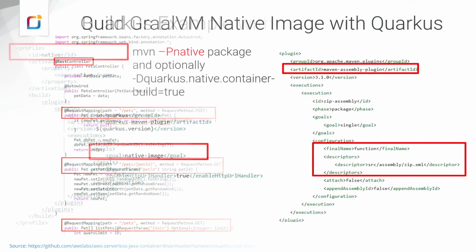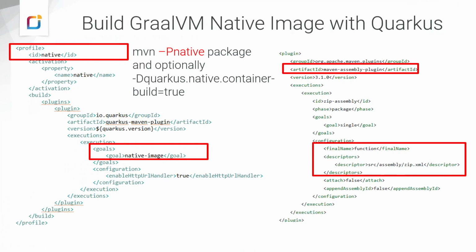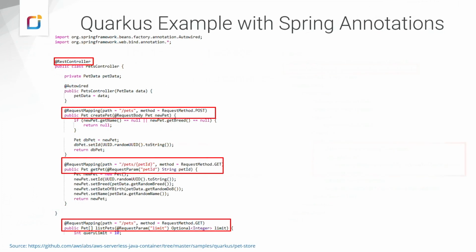The whole magic happens more or less in their POM XML for GraalVM, so at compile time. They natively support this native image goal, which will build the GraalVM native image for you. You can have this zip assembly that they rename into their function. You see there is no dependency on AWS. It's just a simple Spring function.